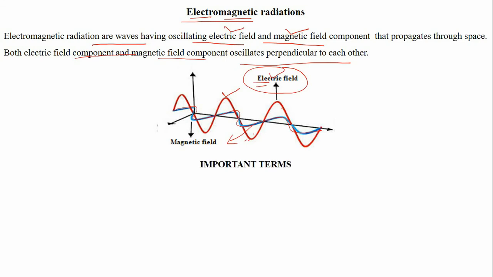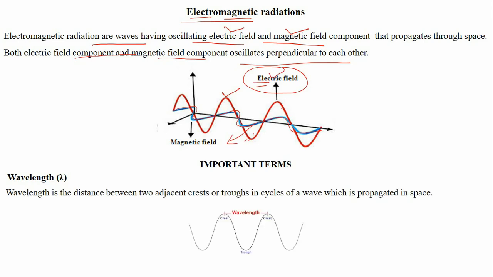There are very important terms involved in the study of these spectroscopic techniques, or while studying these electromagnetic radiations, that must be remembered. The very first term is wavelength. So what is wavelength? Now this is a wave.